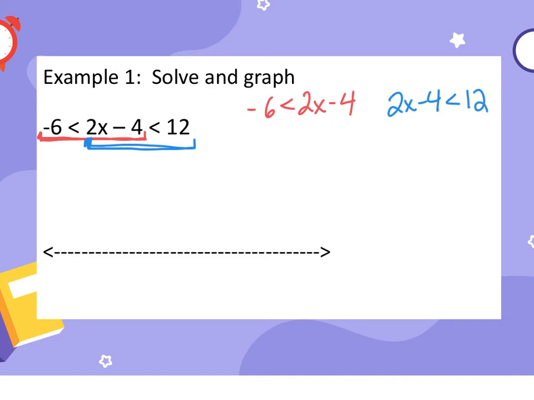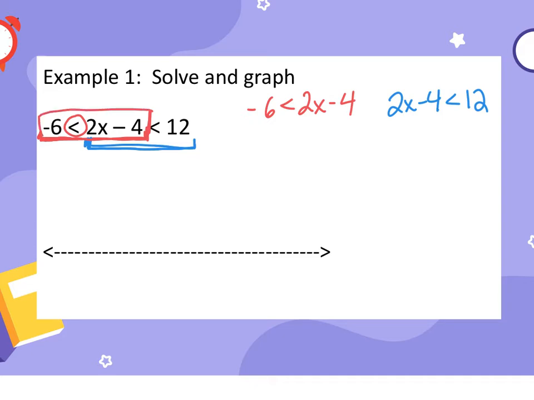Okay, the reason I split it up that way, and make sure you pay attention to this. This problem is everything in front of the first inequality symbol, so that -6, and then it's everything leading up to the next one. So we cut it off right there.